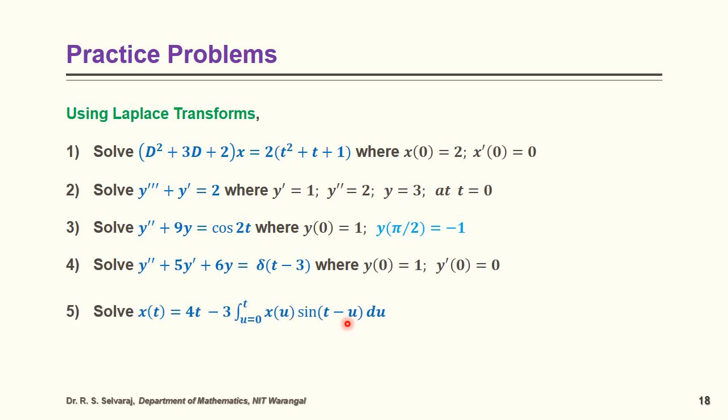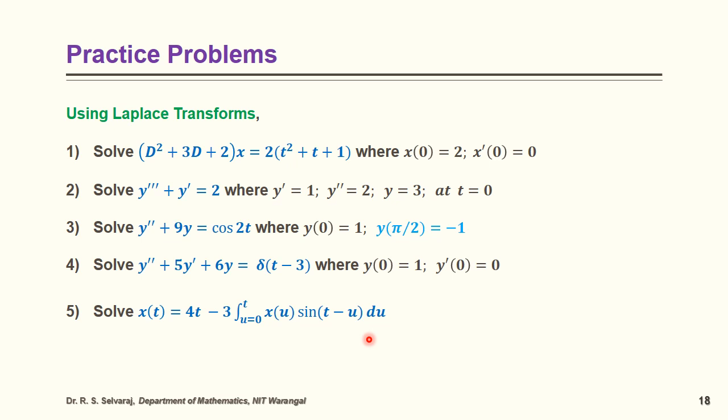The fifth problem is an integral differential equation, but we cannot say it is an integral differential equation because the derivative of x is not involved. So it's an integral equation. In this integral equation, if you notice the second term of the right hand side, this is nothing but the convolution of x of t and sin t.